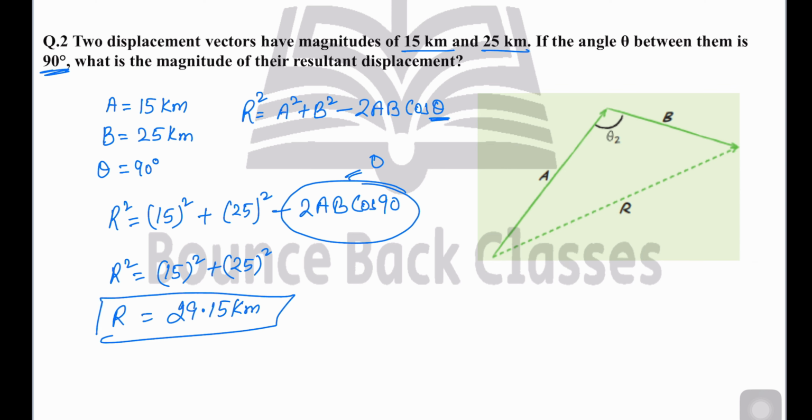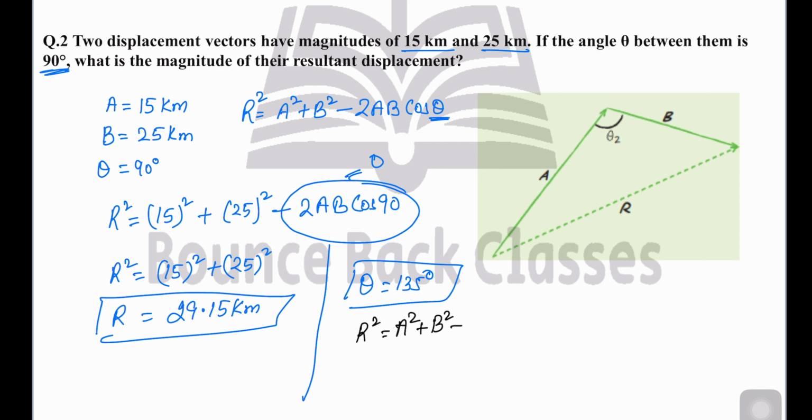Let's say I'll take another question. If the angle is 135 degree, then what will you do? It's just simple. R square equals A square plus B square minus 2AB cos 135. Nothing else.